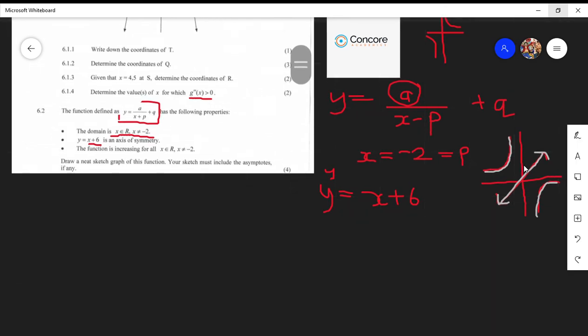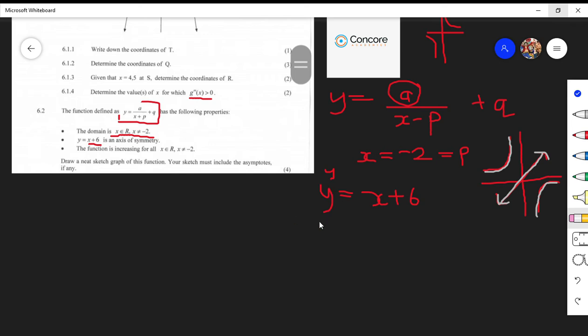Okay, so to continue now. So we have our axis of symmetry as y is equal to x plus 6, right? So now from this, we can actually calculate our q value, which is our horizontal asymptote, right? Because we have our vertical asymptote, which is p is equal to -2. Now we can calculate our horizontal.